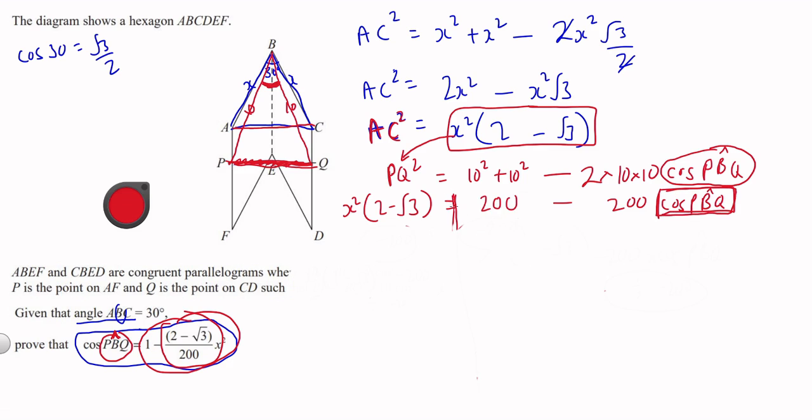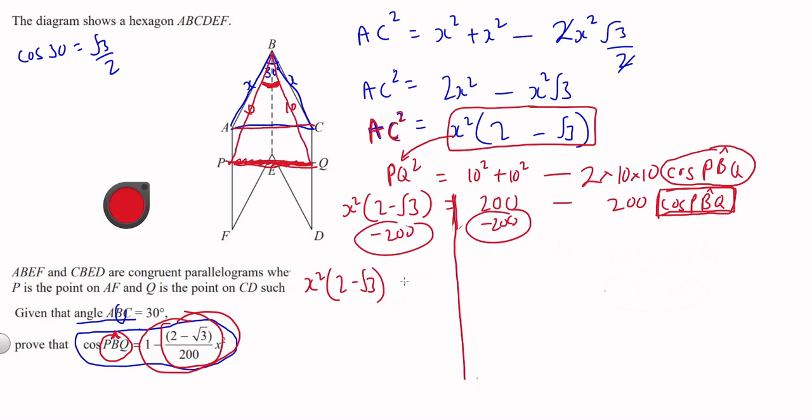Now I need to take away the 200. Do the same on the other side. That will cancel, and that will leave me on this side with negative 200 cos PBQ. Now to get rid of times I need to divide. So divide by negative 200. Do the same on the other side.